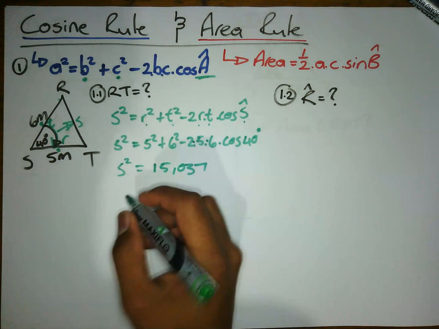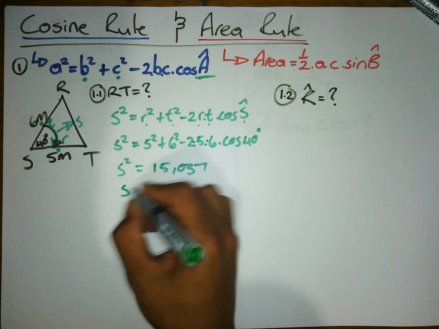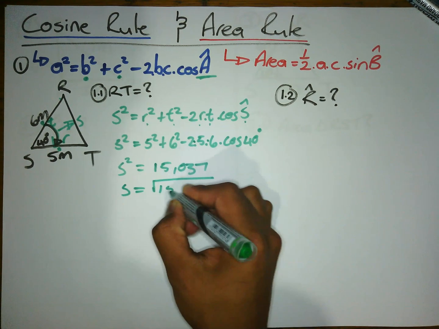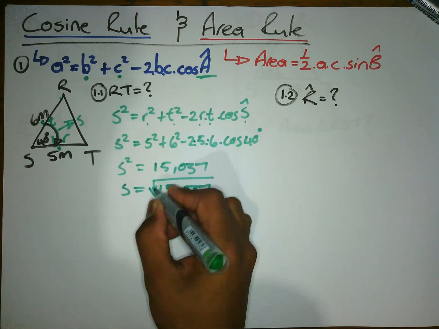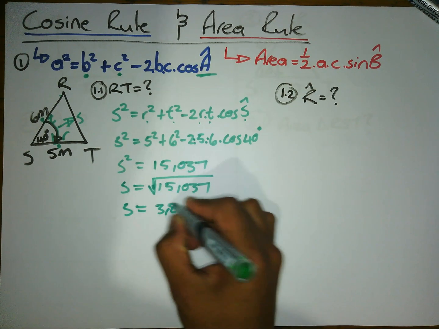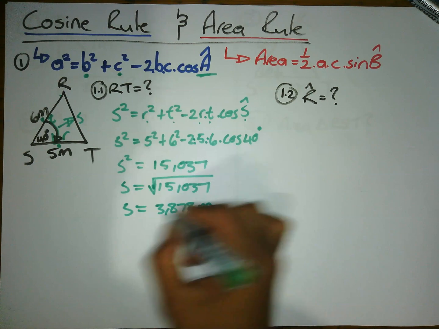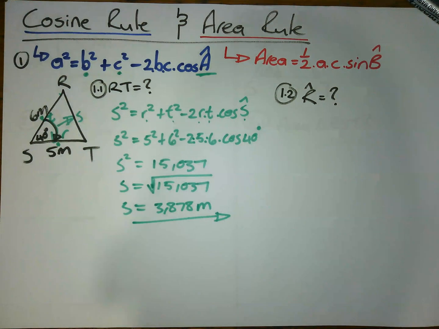Then I want s, right? I want the length of s, not s squared. So all I do is I square root. Then my s is equal to 3.878 meters. Because my lengths were given in meters, my answer will be in meters as well.